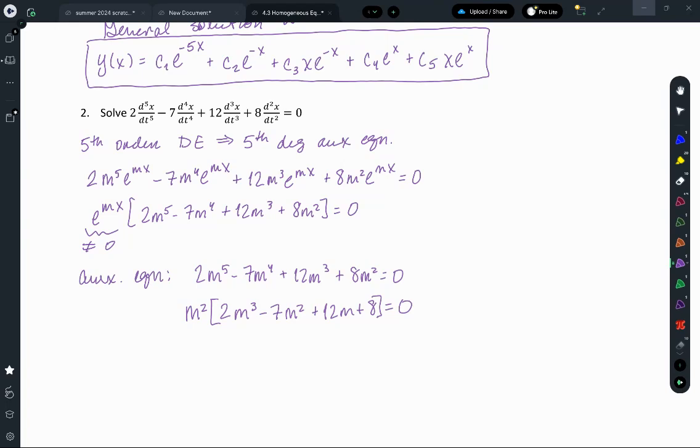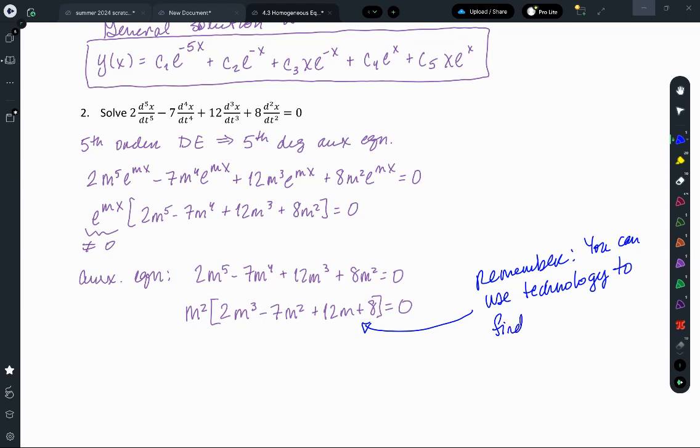However, what you need to remember is that you can use technology to find a root or find a 0 of this polynomial.